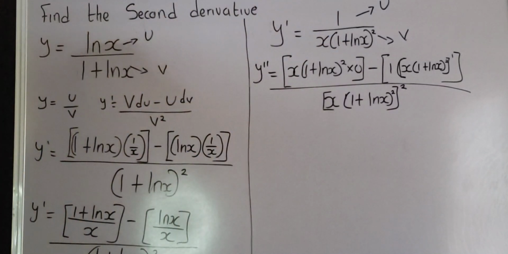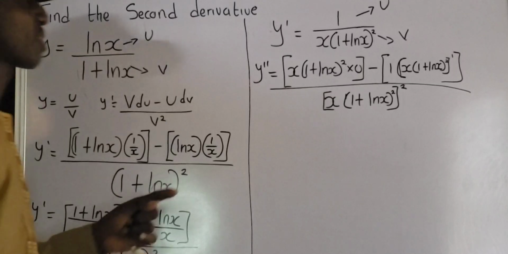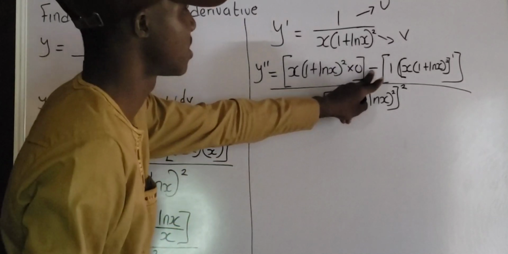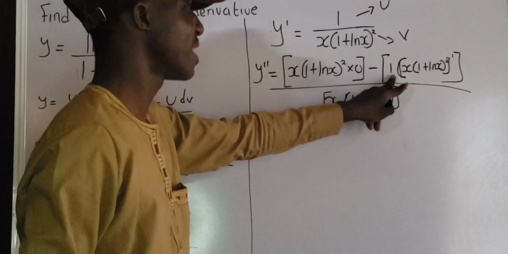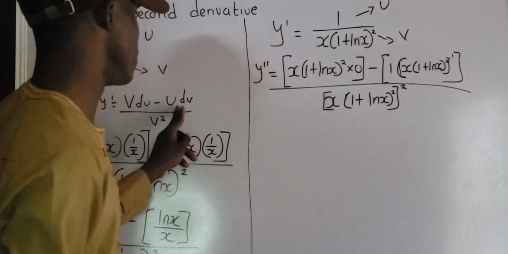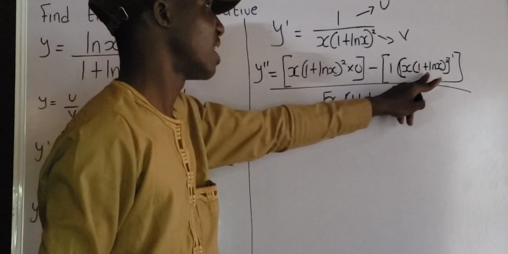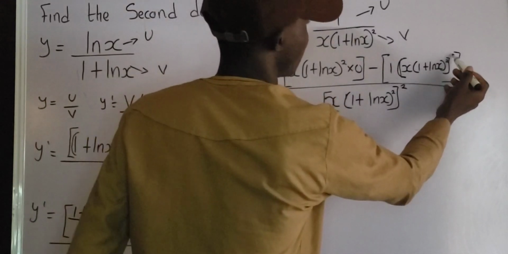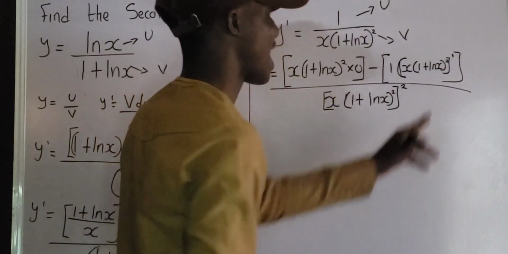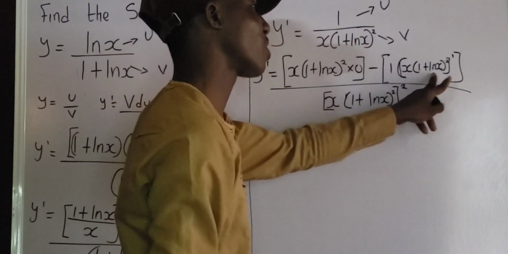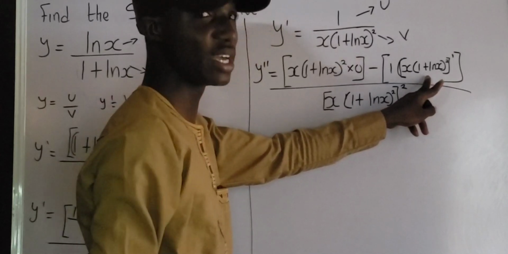Please, I hope you understand what I did here. Look at this. I have 1, which is u, multiplied by the derivative of v. The reason why I put this here is because I'm going to take the derivative of what is inside this bracket now. Are you getting it?